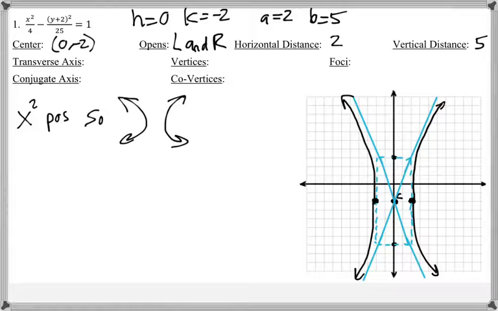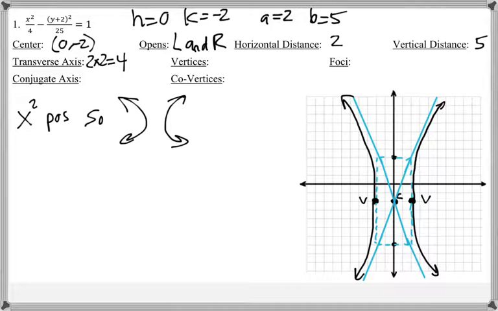When it opens up left and right like it is here, the transverse axis is the horizontal. So from here to here. So that's going to have a length of 4. And the vertices will be here and here.